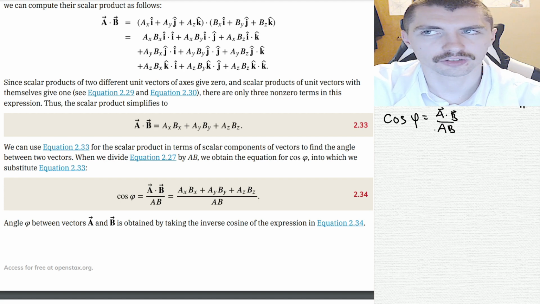So I've seen this derived in another place.